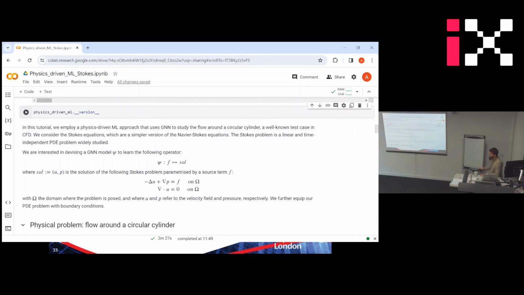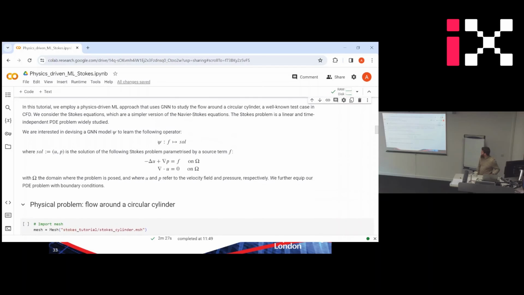Navier-Stokes is very hard, it's not linear. And it's time independent, so you don't have a notion of time. It's a steady equation. So you get this minus Laplacian, which is the sum of second derivatives, this is the gradient, and this is the divergence. So we want to learn the mapping from f to sol. Give me a right-hand side, a source term f, and my model can give you the solution for that. And the solution here is a tuple of two things, the velocity u and the pressure p. Forward.